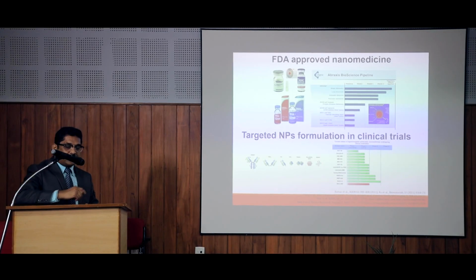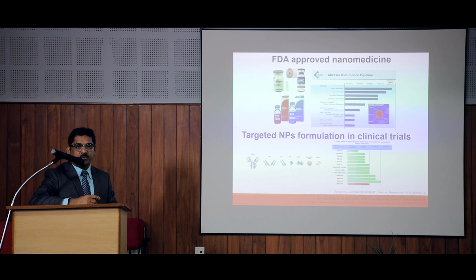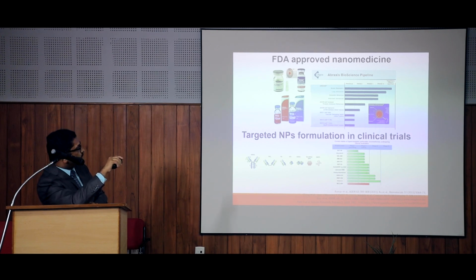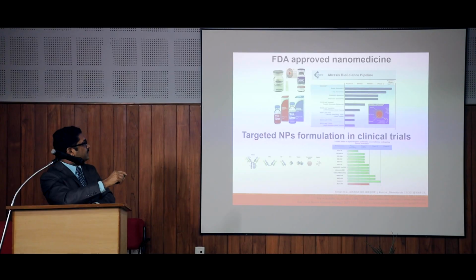Yeah, so this is where we will focus a little bit more time. How and what type of nanoparticle formulations were previously approved by FDA? It's very simple. Take a liposome and put a drug into it. That was the basic one, Doxil.